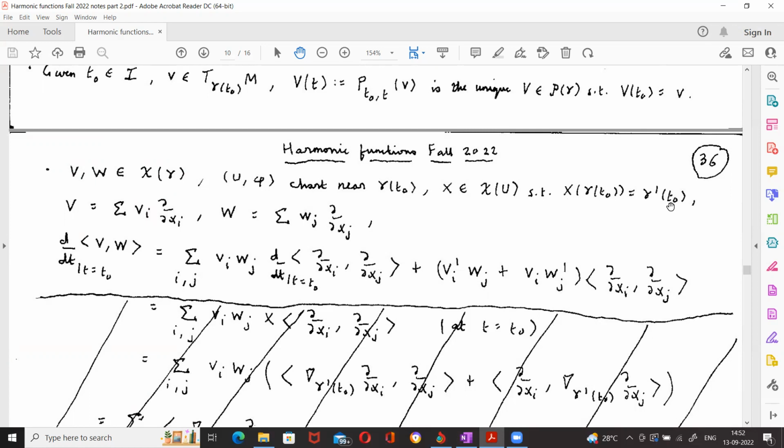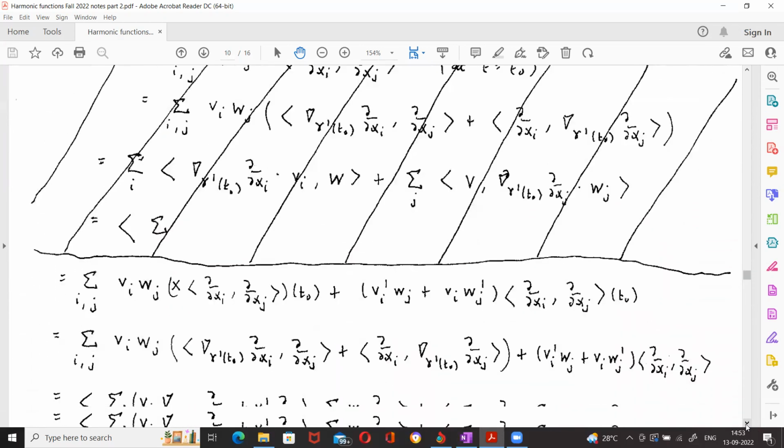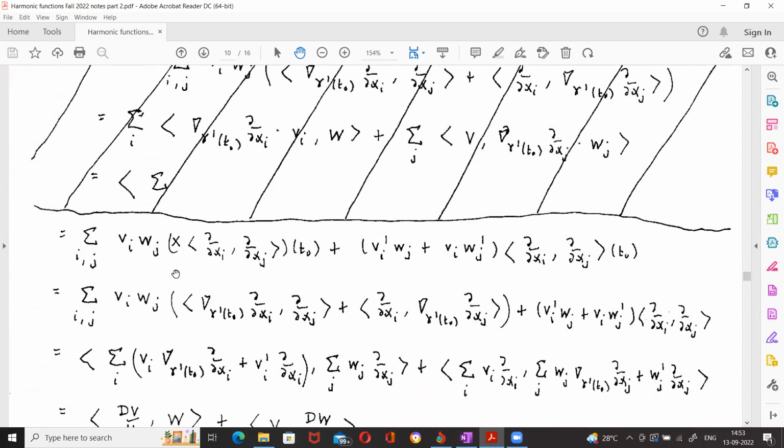I can do this. Then this d/dt of this inner product is the same as the vector field X applied to this inner product. So this is the same as X applied to <∂/∂x^i, ∂/∂x^j> at t naught.